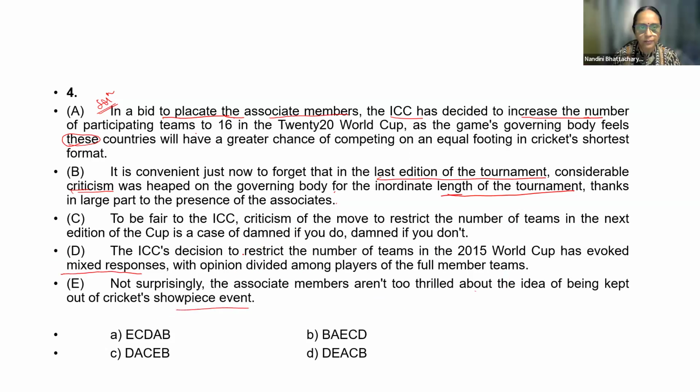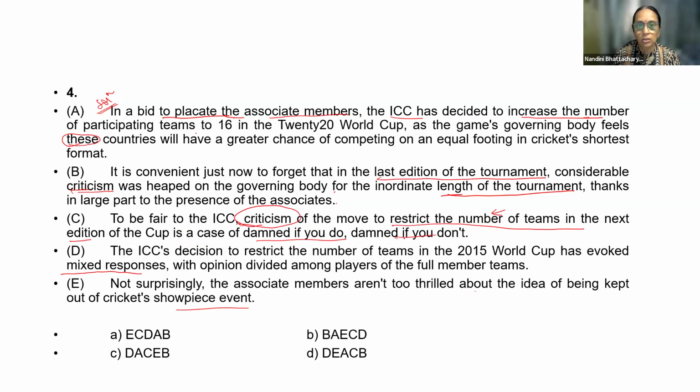Showpiece event, right? Okay. So this is talking about, to be fair to the ICC, criticism of the move to restrict the number of teams in the next edition of the cup is a case of damned if you do, damned if you don't. So this is talking about the criticism of restricting the number of teams.